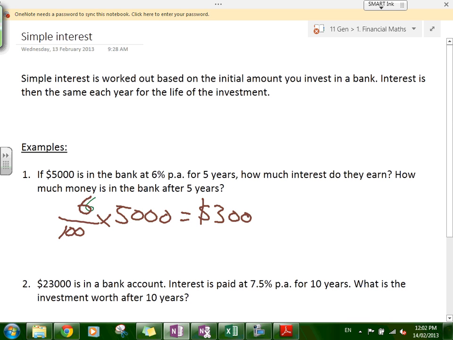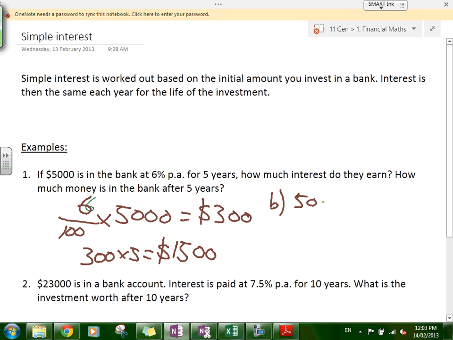So $300. Right, and then you get that same amount. Doesn't matter if your account changes, you get that same amount each year. So we have to do 300 times 5. So that is equal to $1,500. Alright, so that's it. Just working out the interest per year, and then you say, well, if you have 5 years' worth, how much do I get? So it's $1,500, and then how much is in the bank after 5 years? So you can do the second part.